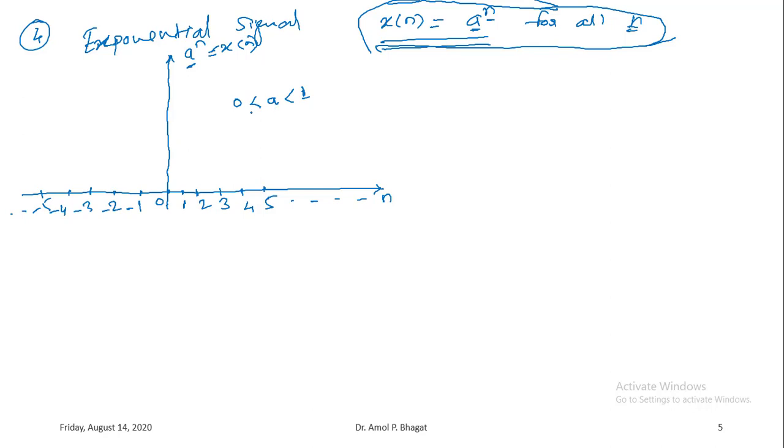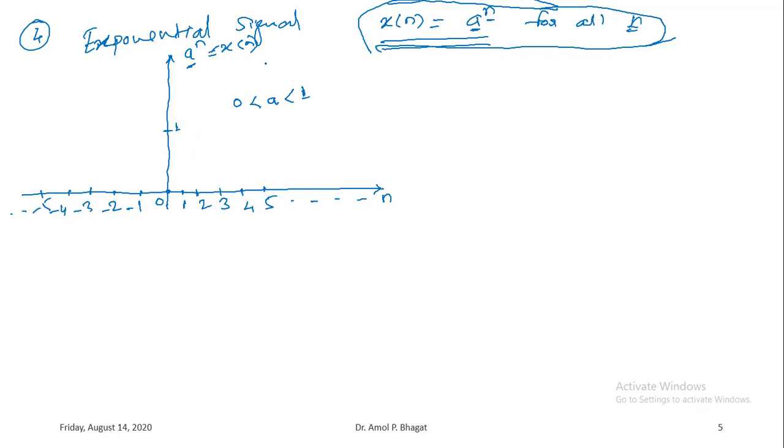That means it can be 0.1, 0.2, 0.25, 0.45, 0.67. Likewise any value greater than 0 but less than 1 can be taken as the value of a. So in this case, when I substitute n equal to 0, the value of the signal will be a to the power 0, that means it will obviously be 1, right?